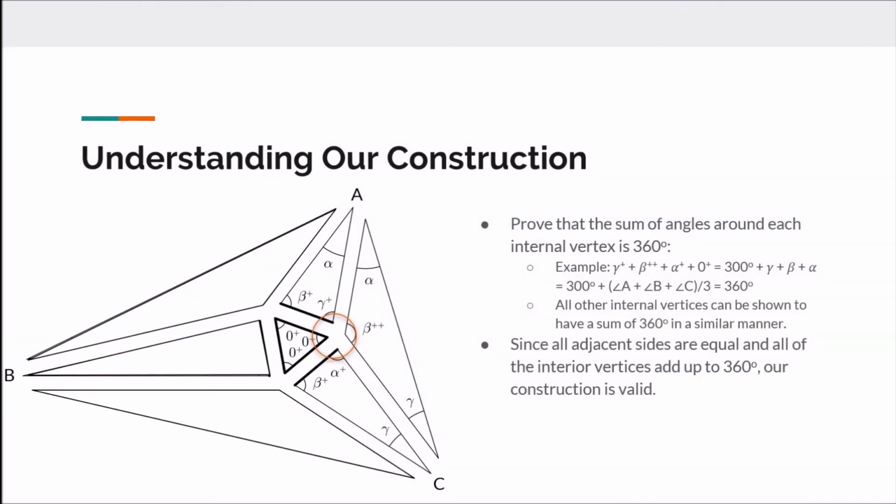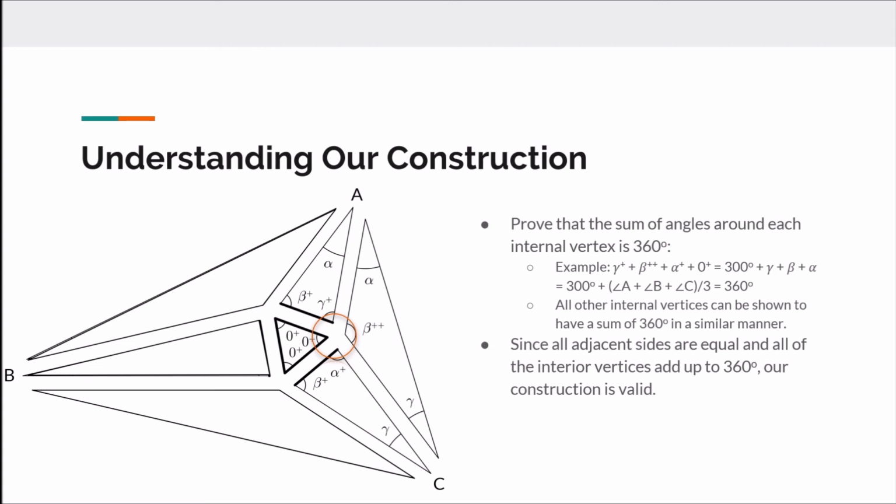The only thing left to prove that our construction is valid is that the sum of our internal vertex is 360 degrees. We can see in this picture that one such vertex is constructed of angles gamma plus, beta plus plus, alpha plus, and 0 plus. That makes 5 pluses, which is the equivalent of 300 degrees.